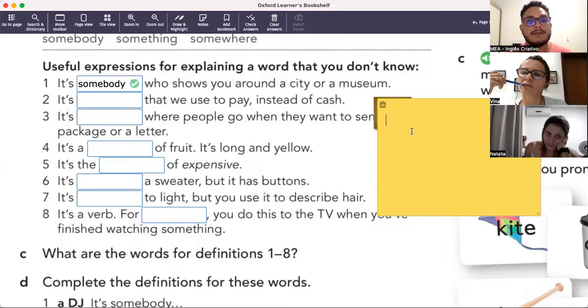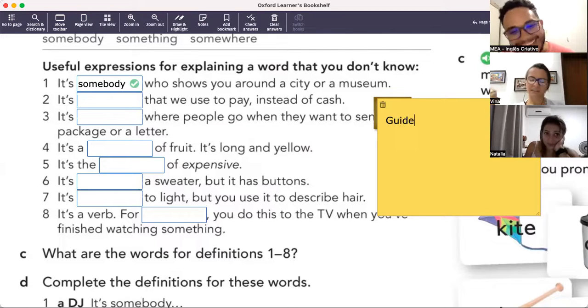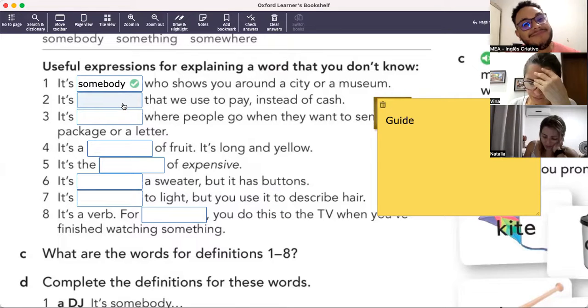It starts with G. When you travel to different places, sometimes you need a guide. Guide. Go, Vina, the second.